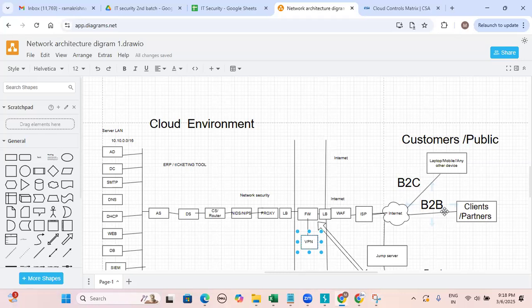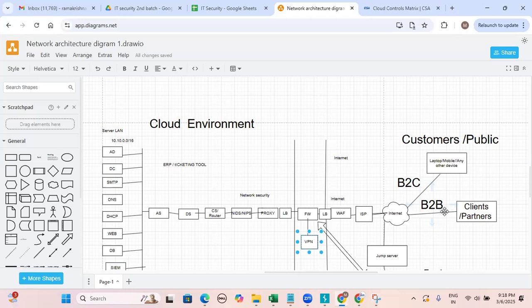Those clauses we can call CCM, Cloud Control Matrix. Under the Cloud Control Matrix, we have 17 modules or security best practices. Under that, once again, we have subcategories of what we should take care of.